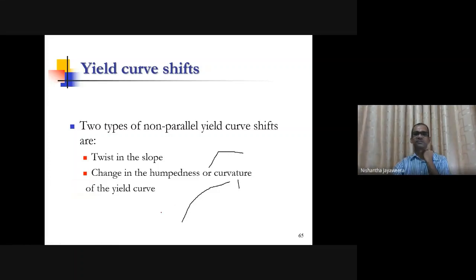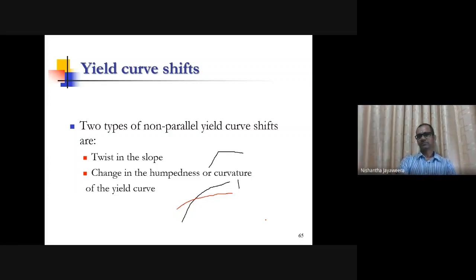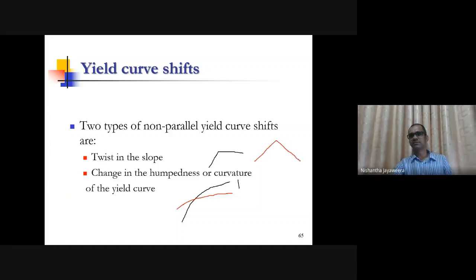The next one would be something like this. Short-term interest increases, long-term interest decreases. That's the twist in the slope. It can be a change of hump. So earlier it was like this at the very first instance.